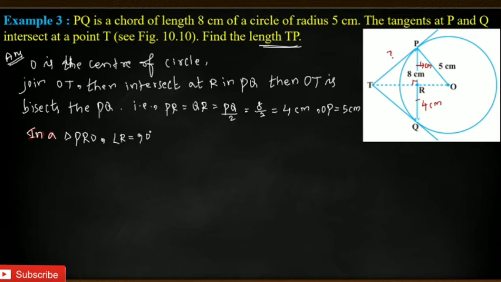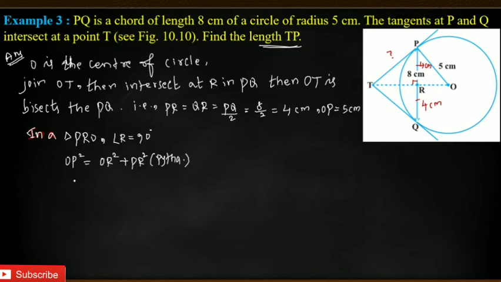The side opposite the 90 degree is the hypotenuse, which here is OP. So the square of the hypotenuse is equal to the sum of the squares of the other two sides. That is the Pythagoras theorem that I'm going to use here. So OP square equals OR square plus PR square, by the Pythagoras theorem.